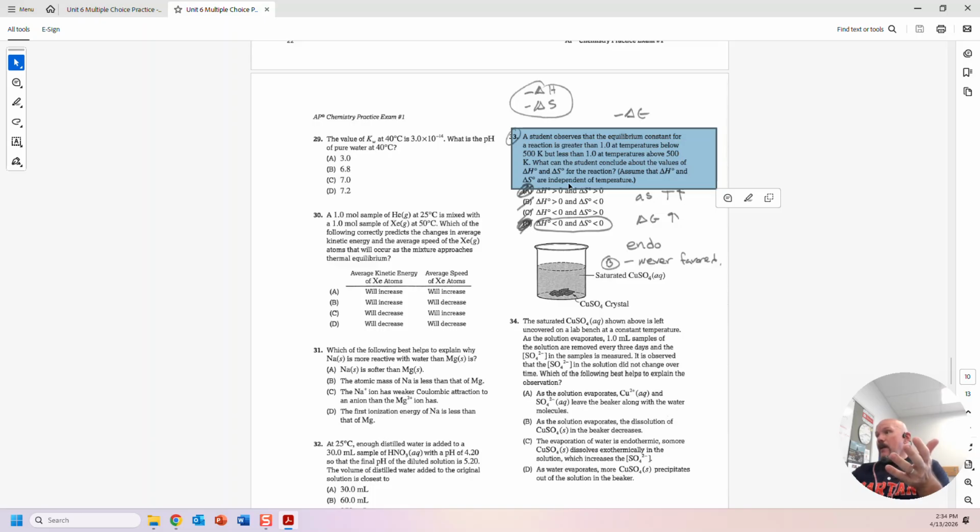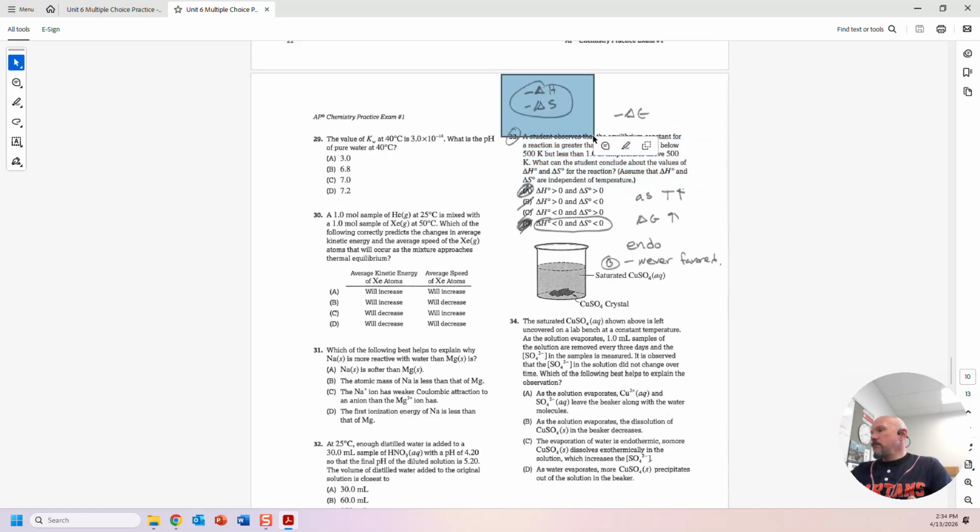And this is telling us there are higher temperatures where it's not favored, and lower temperatures where it is favored. That should tell us it's this combination, because exothermic becomes favored as temperature decreases, endothermic becomes favored as temperature increases, right? So we know it's a negative delta H, negative delta S combo. That's really what we needed to take from this.